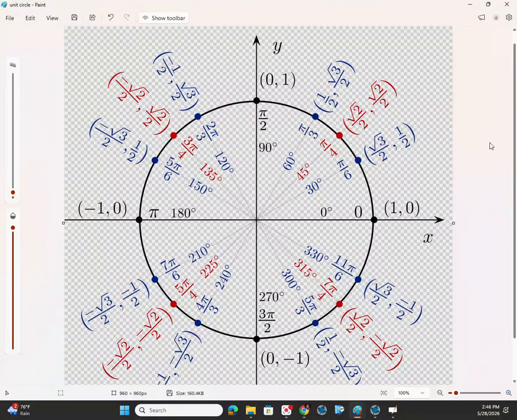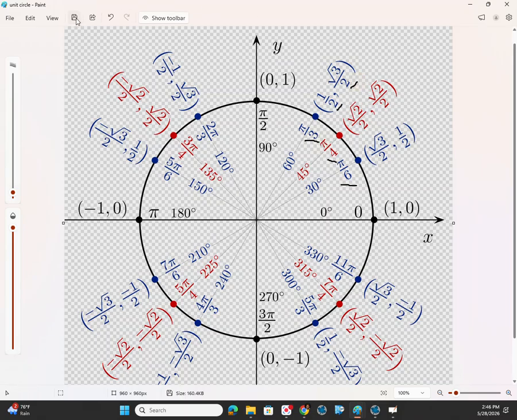Now, at this point, I want to take you to the unit circle. I just think this is a really good picture to take a look at. This is the unit circle. You're seeing for some specified angles, like pi over 6, pi over 4, pi over 3, you get these coordinate points.